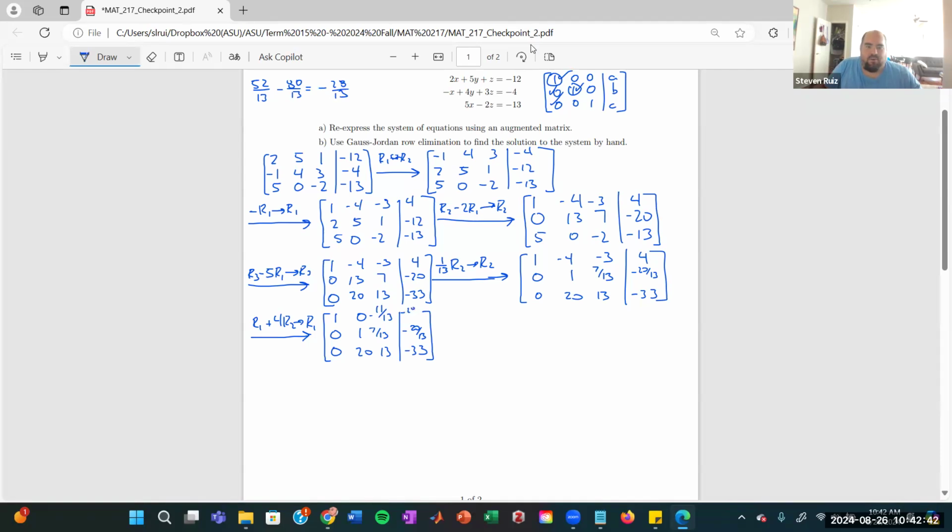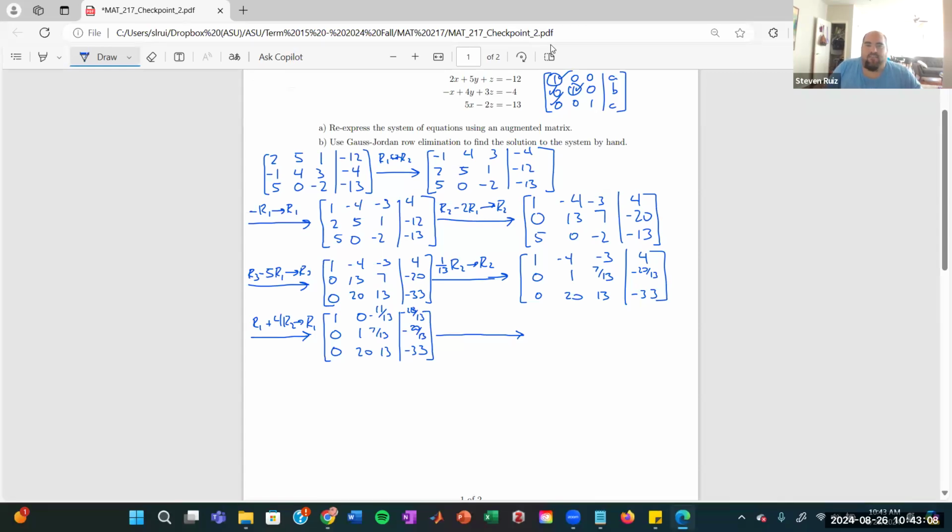So negative 28/13. All right, so again, got some nasty fractions involved, but sometimes that's inevitable, unless you can see another way forward without them popping up, but that's very difficult to do, especially if you're just starting this process, but that's okay.